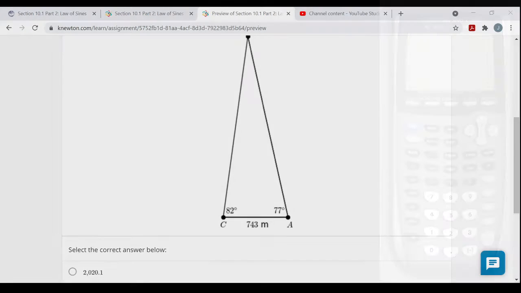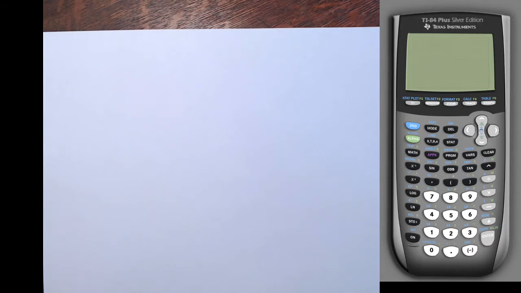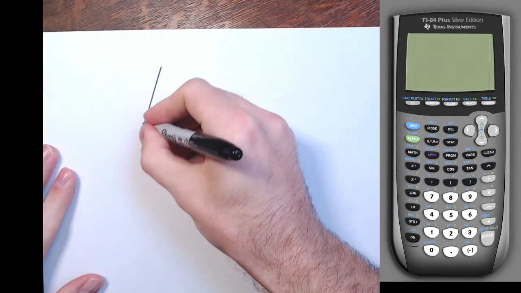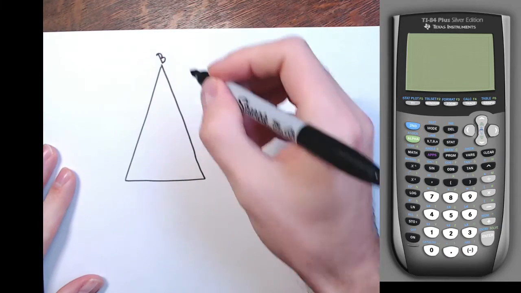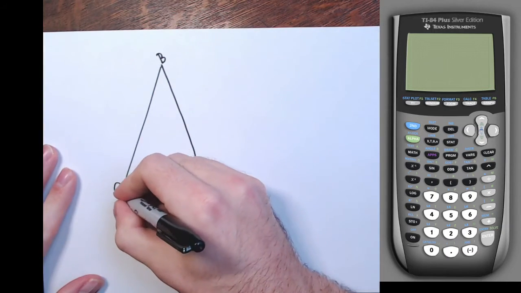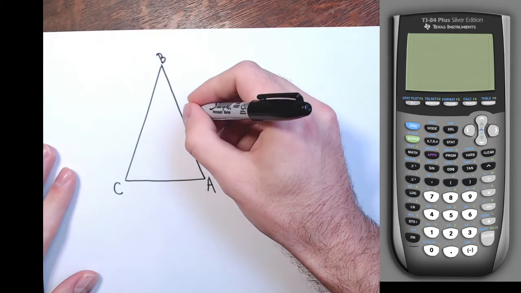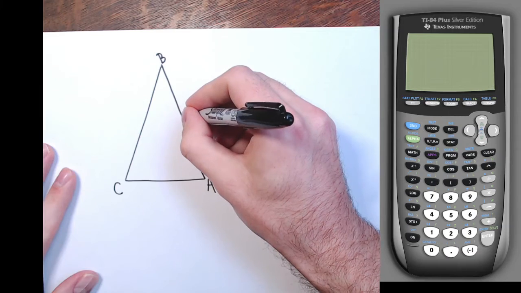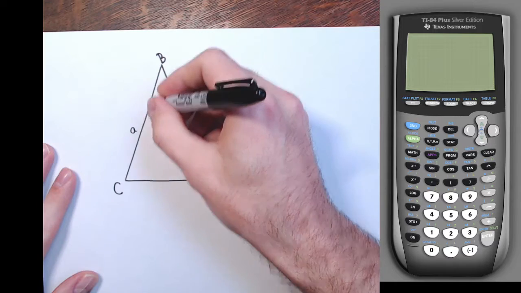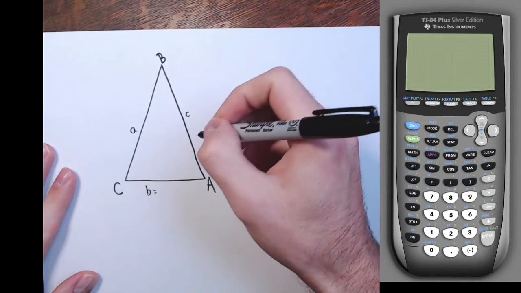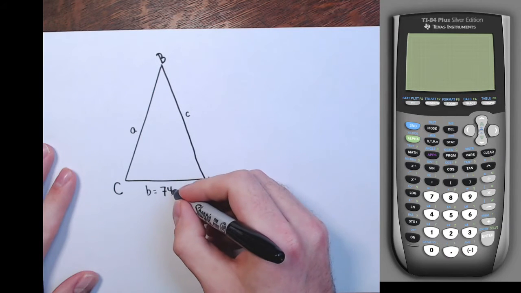Again, I'll draw this on a piece of paper here. So I have a triangle like this. Point B is where the plane is. There's a base at point C, a base at point A. And remember, the opposite sides would have little c for opposite angle C, little a opposite angle A, and little b opposite angle B. And we're told the distance between A and C is 743 meters.